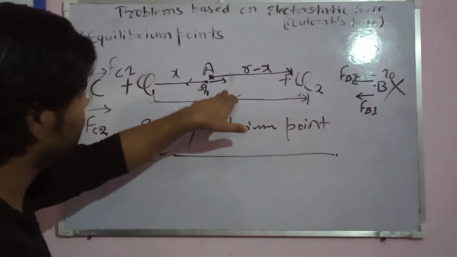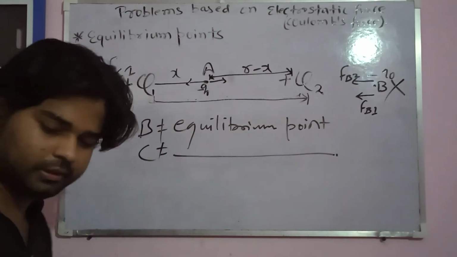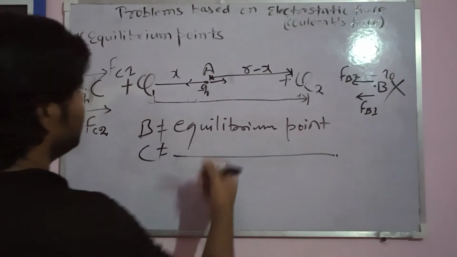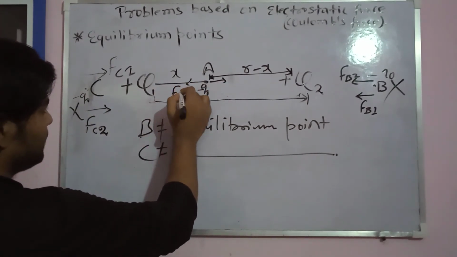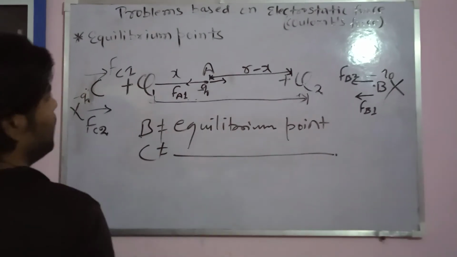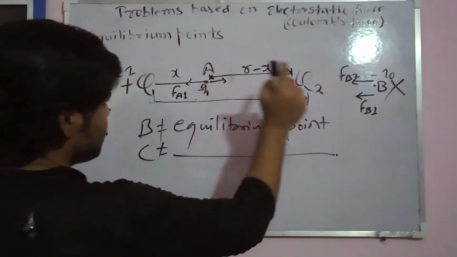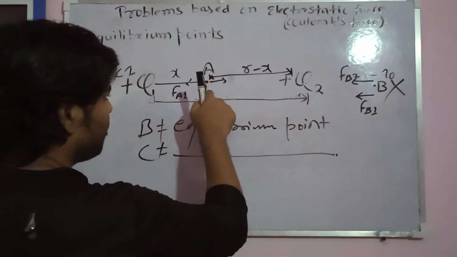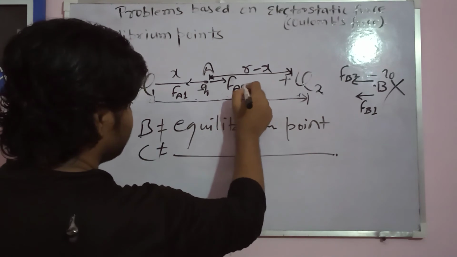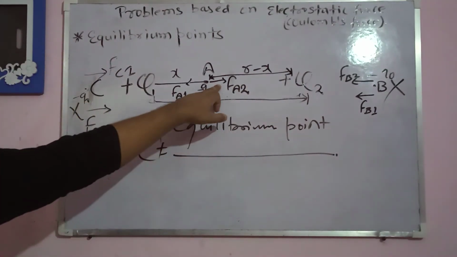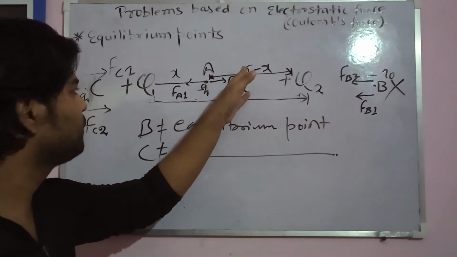Now make a qualitative analysis of whether minus Q0 supports the equilibrium point at A or not. Let's check it. Force by Q1 over minus Q0 is attractive at this point, and this direction is FA1. It is towards this side. Similarly, force by Q2 over minus Q0 is attractive in this direction, so FA2. As we see here, these two forces are opposite in direction and have different magnitudes of distances and charges.